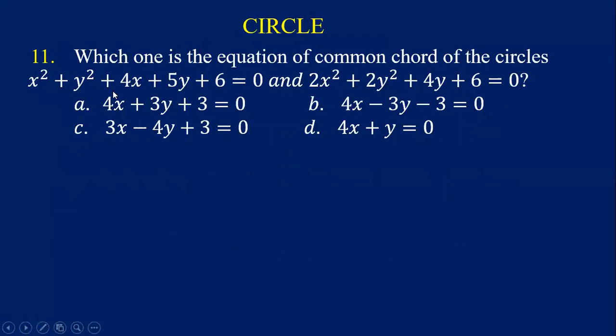Question number 9. Which one is the equation of the common chord of the circles? This one and this one. I told you in the first question that when we go for any operation of circles, the coefficient of x square and y square must be 1. So at first we have to make the coefficient of x square and y square 1.